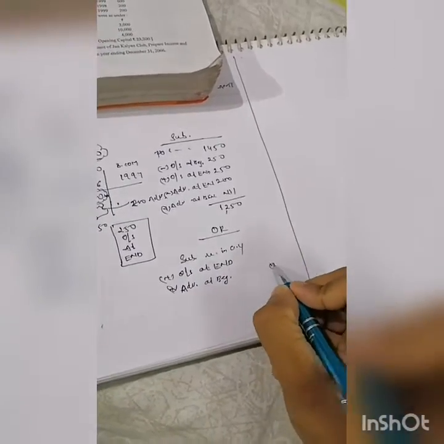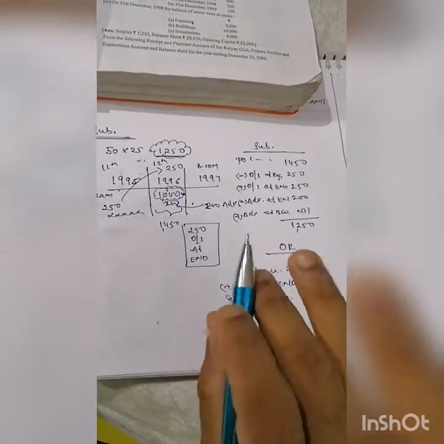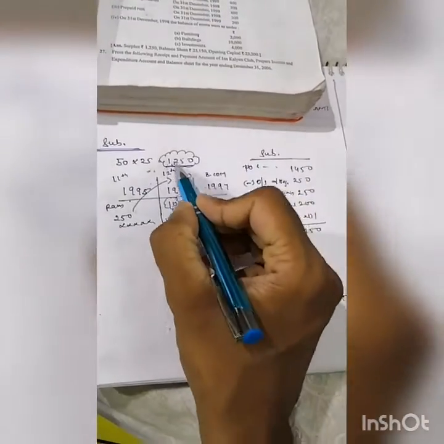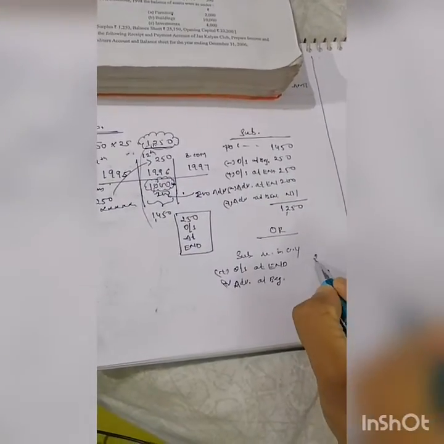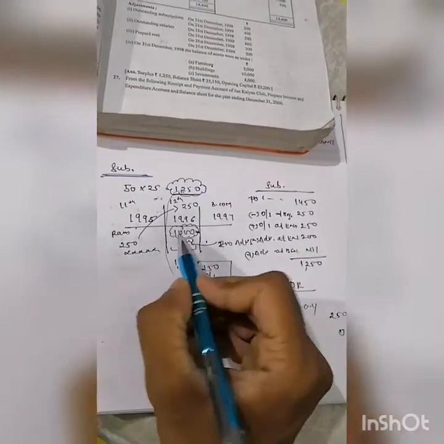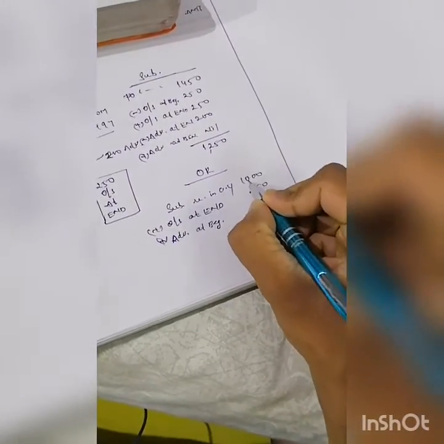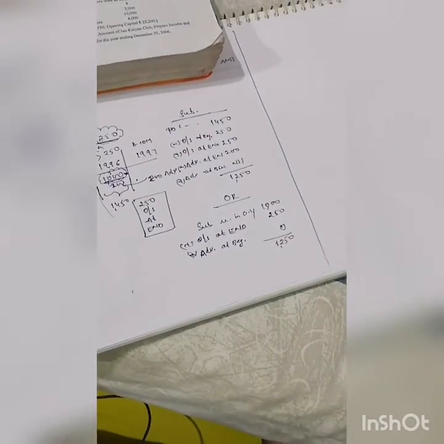So advance at beginning is nil, and for outstanding at end we only take the current year subscription. So the current year outstanding is 250, and the current year subscription is 1000, which is given in the question. So there are two formulas you can use to solve it like this also.